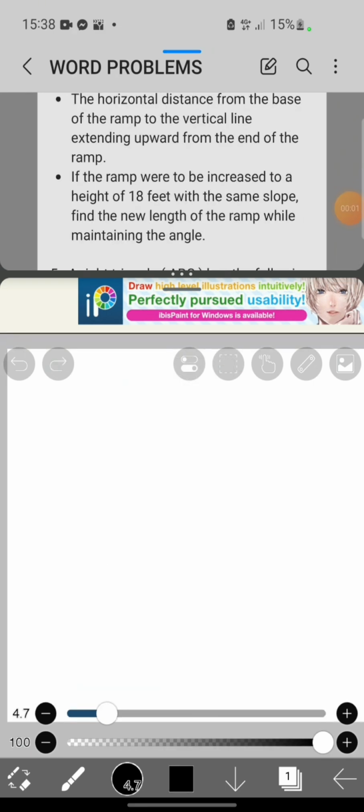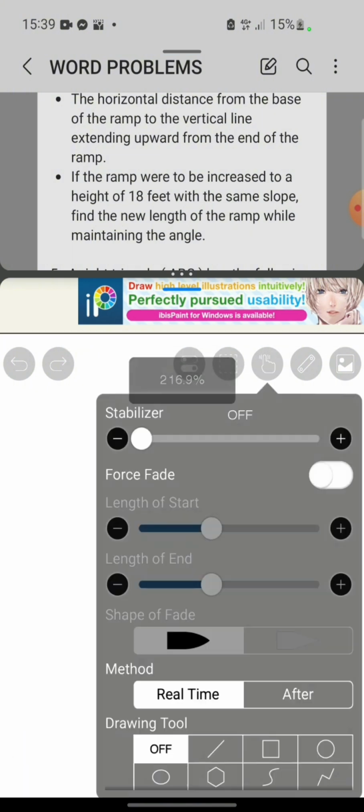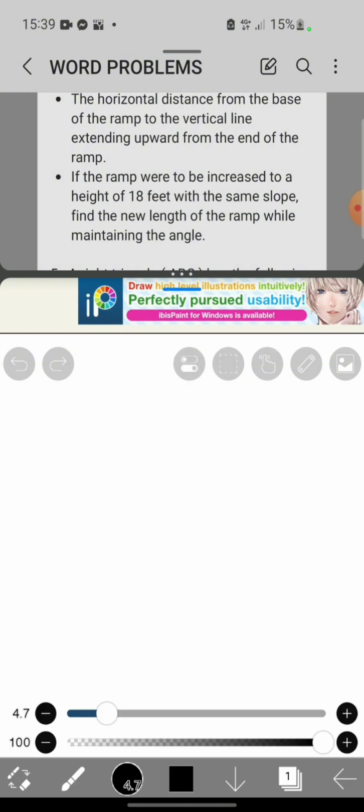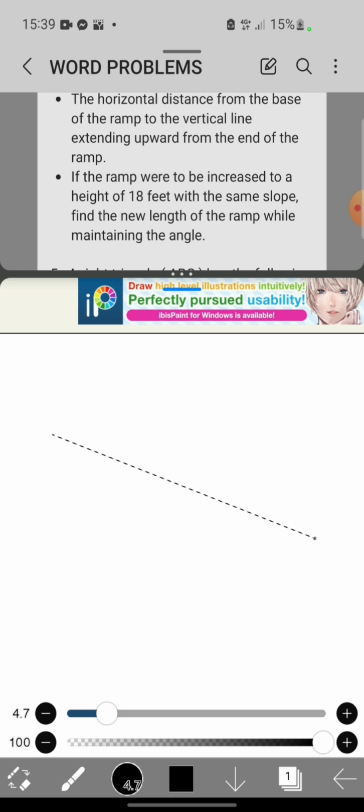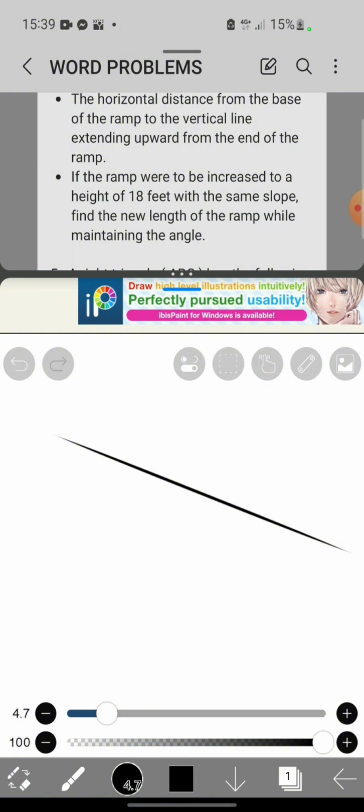So let's continue for the last question. If the ramp were to be increased to a height of 18 feet at the same slope, find the new length of the ramp while maintaining the angle. So let's draw this one. Like this.